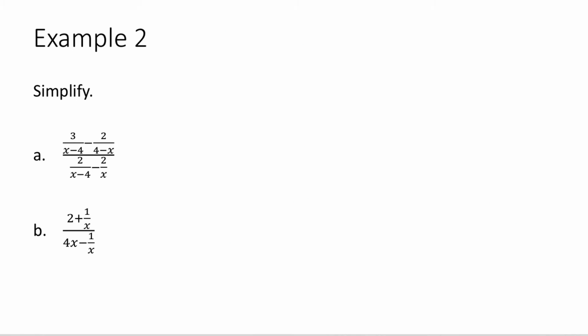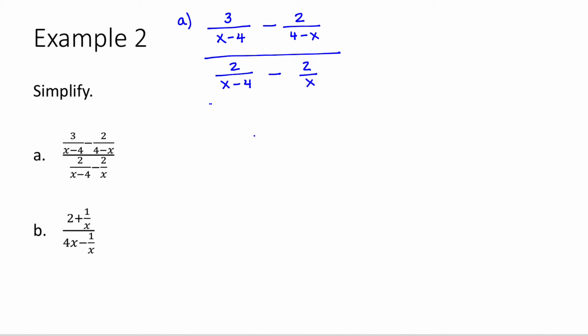Now let's take a look at example 2. Here, in part A, I have 3 over x minus 4 minus 2 over 4 minus x. Now notice that those are the same denominators except for a sign change. And then that's over 2 over x minus 4 minus 2 over x.